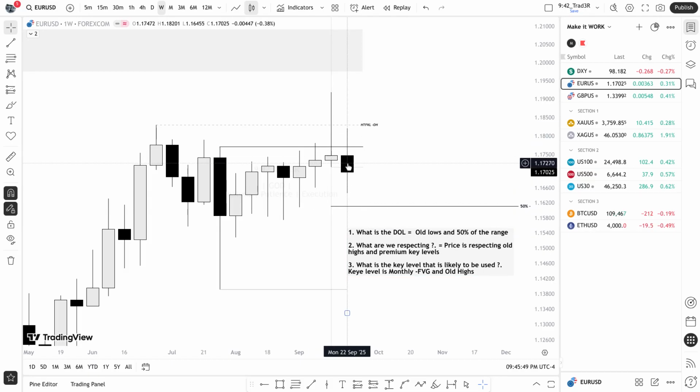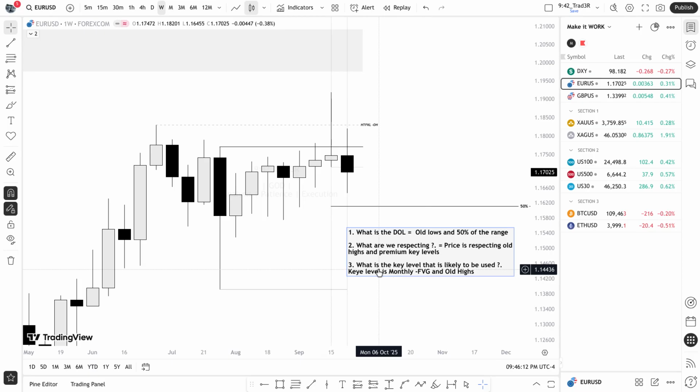Before this week opened, the key level I was looking at is this rejection block, this long wick here, and on the lower time frames, daily and 4 hours, you will see candlesticks representing this long wick. So the key level was this rejection block here.